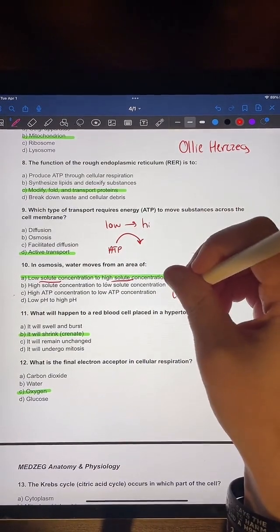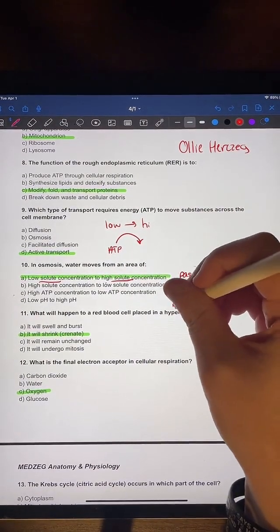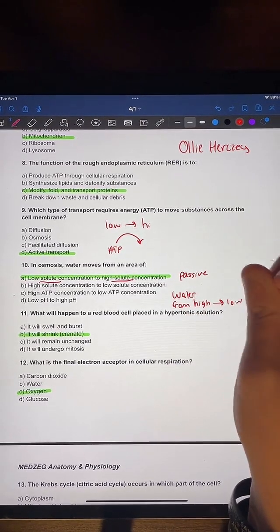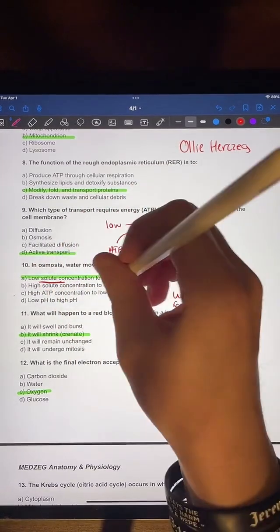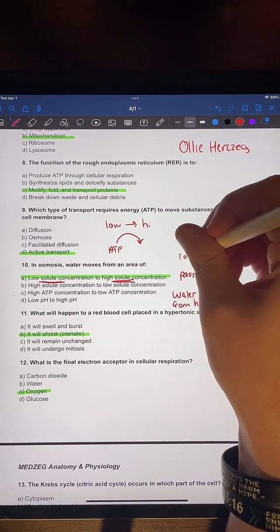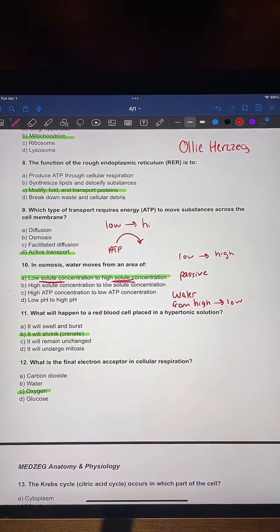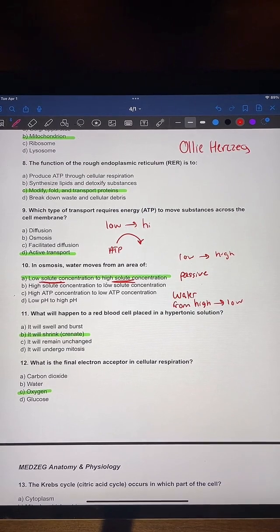Water moves from high to low, yes, but the solute concentration moves from low to high. So low solute concentration moves to high solute concentration, and high concentration of water moves to low. Does that make sense now?